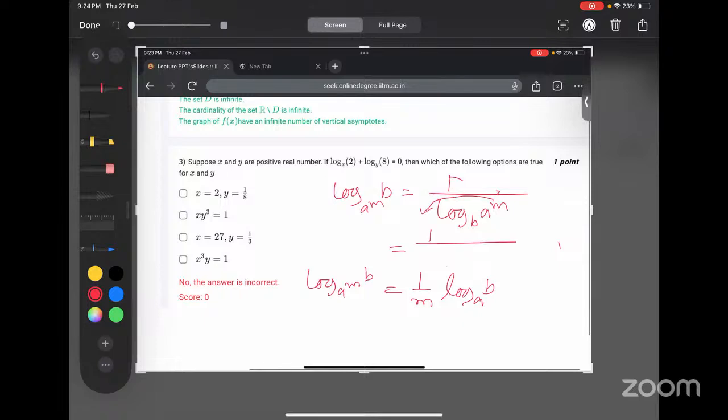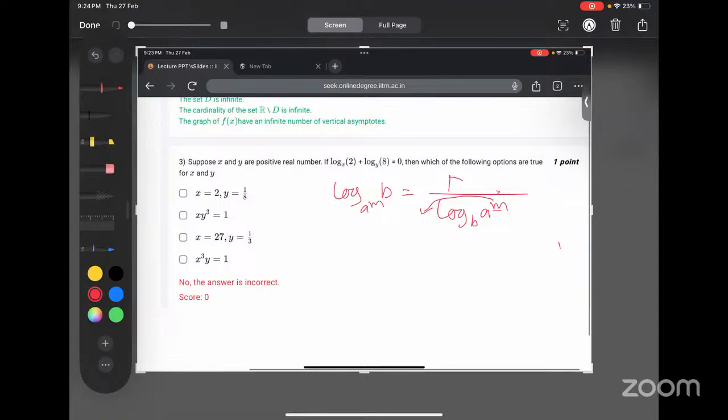So it will be 1 over m times. Why has it come to the denominator, that base power m? How has it become base b? We have base b and power m, right?